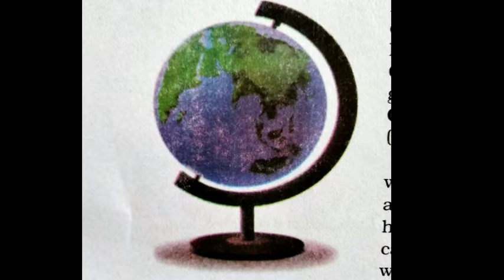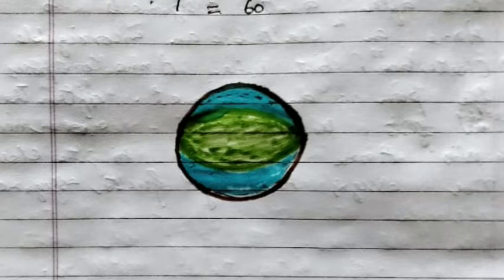Now, understanding the concept of latitudes and longitudes, let us take an example of a ball which is spherical in shape. Suppose it is a sphere, and it means 360 degrees.